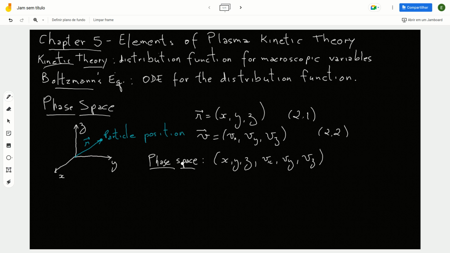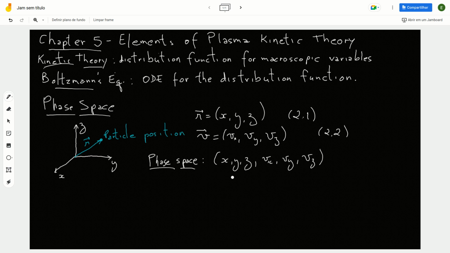And the trajectory will be just the trace of a curve of the particle motion in this phase space. Obviously we will not be able to draw a six-dimensional phase space, but you can plot projections.